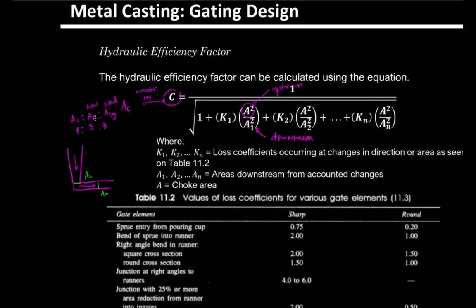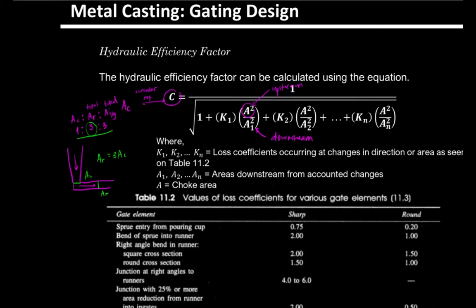So if we know the gating ratio, then the runner area is just equal to 3 times the choke area. Again, the assumption here is that we only have one runner, and since this is one runner, the total cross-sectional area in this particular gating ratio is equal to the individual runner area.